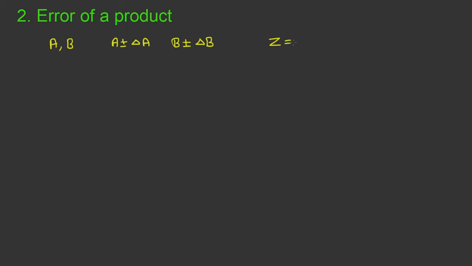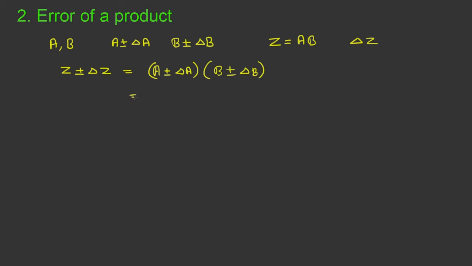Let Z is equal to AB and the absolute error for Z is delta Z. Therefore, I can write Z plus or minus delta Z is equal to A plus or minus delta A into B plus or minus delta B.